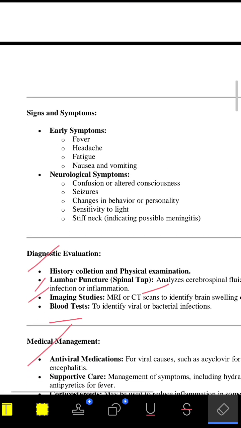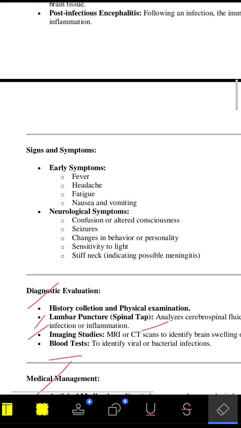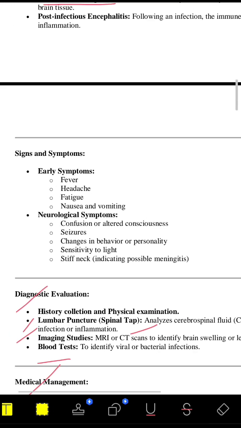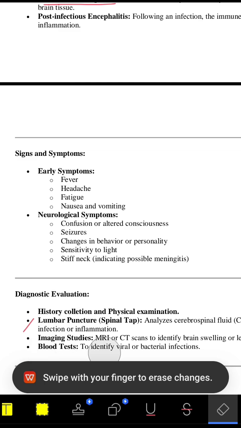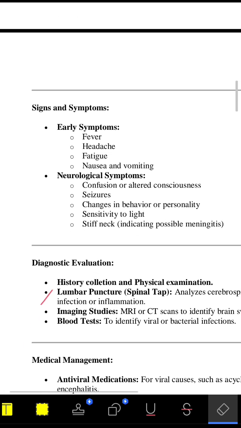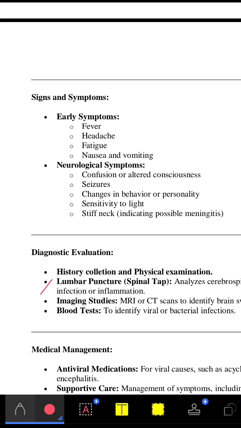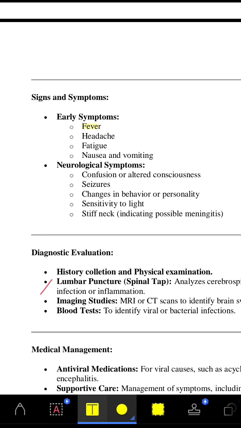Next we'll move on to signs and symptoms. The signs and symptoms of encephalitis include early symptoms and neurological symptoms. In early symptoms, there will be fever, headache, fatigue, nausea and vomiting.